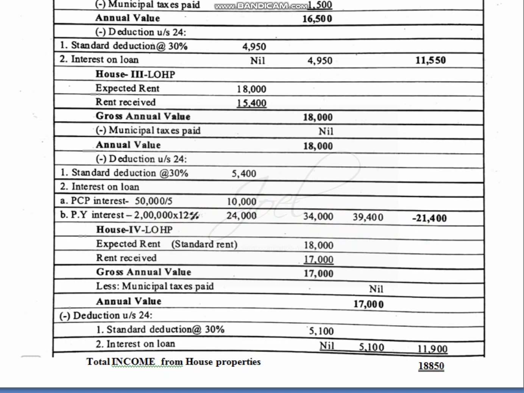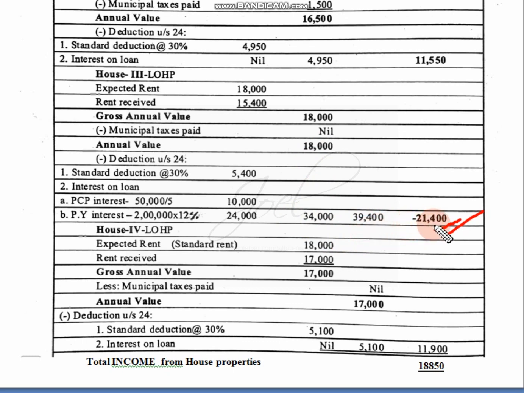So when we are doing the deduction, we will get a negative balance. 21,400 is a negative balance we are getting, because we did not have a sufficient amount. It was 18,000, from that 34,000 deduction, the total deductions will be 39,400.